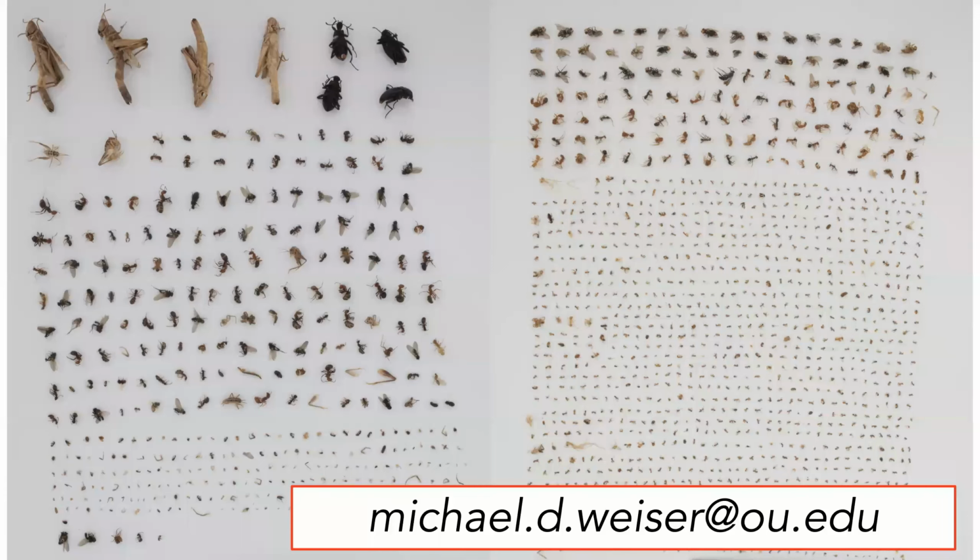Other than that, I can generally assign things to higher classification. For most insects, I can do order, and for some orders, I can do families. But the stuff that I don't know what it is in the image, we just don't know.